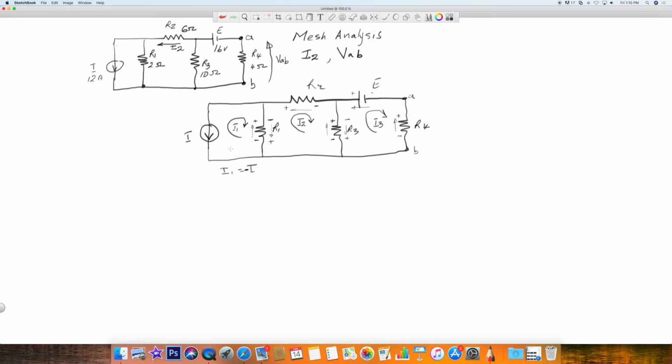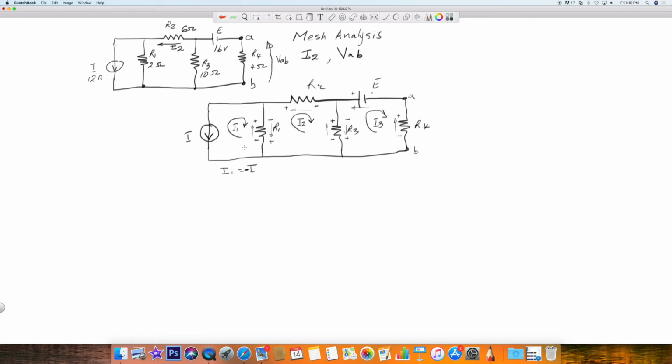So I have to be really, really careful here because notice that I is going in this direction, and my arbitrary selection was a clockwise direction. So in that case, I1 will be equal to minus I. Now, had I gone counterclockwise, then I1 would be I. However, the configuration here would have changed, and it would have compensated for the values to actually, at the end, find their correct results.